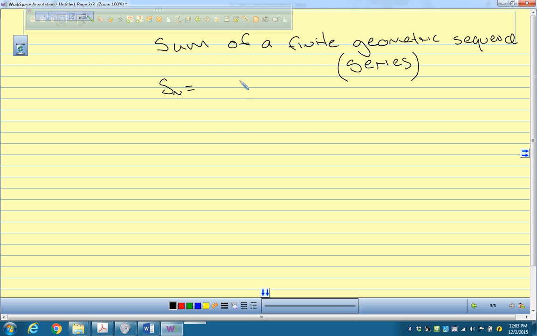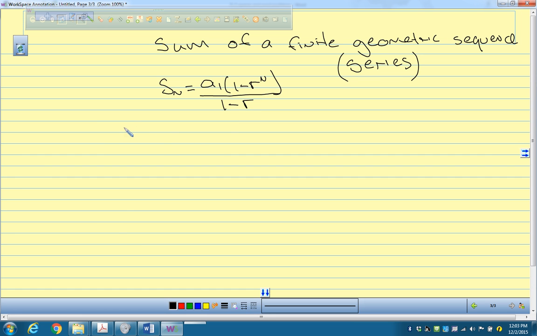But you end up with this formula. S sub n is equal to a sub 1 times 1 minus r raised to the n, over 1 minus r, okay? How does that work?